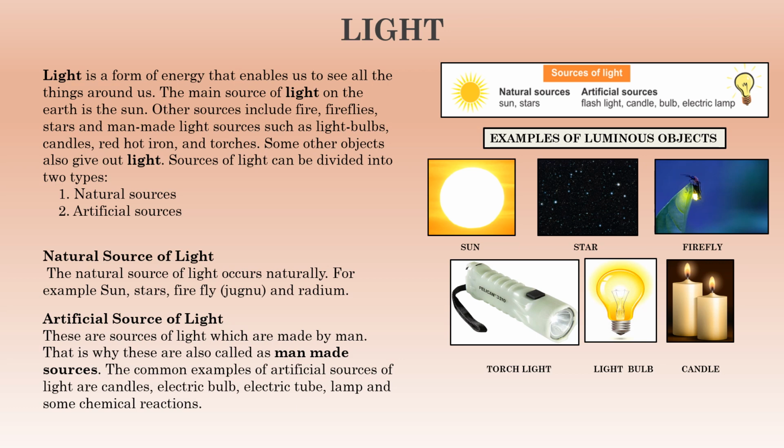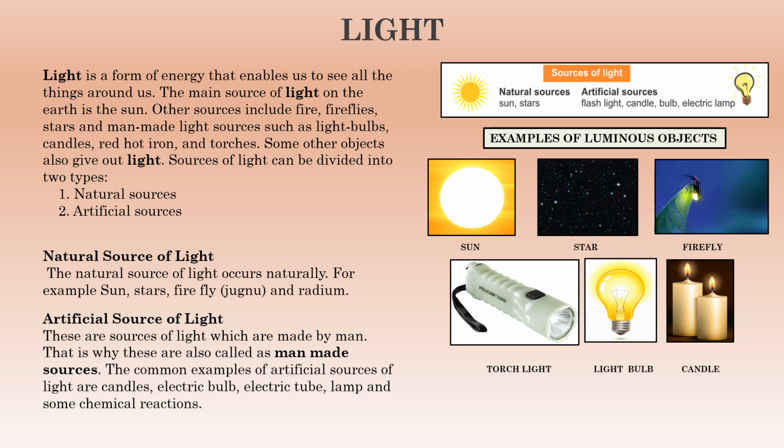Some other objects also give out light. Sources of light can be divided into two types, and they are natural sources and artificial sources. Now, students, let's see what are natural and artificial sources.